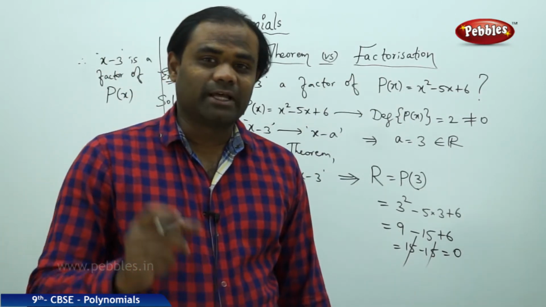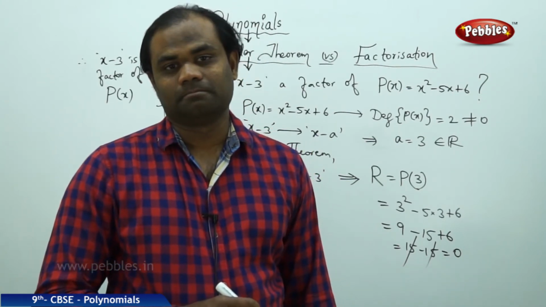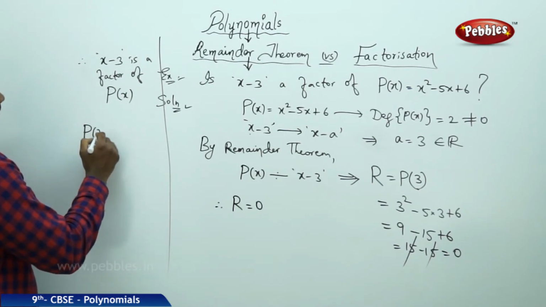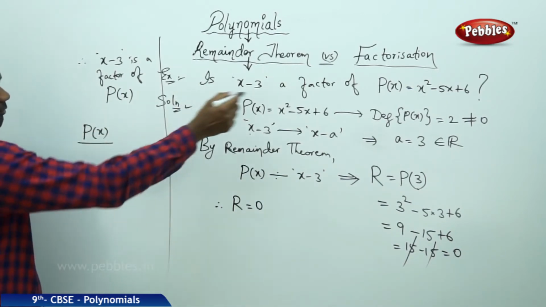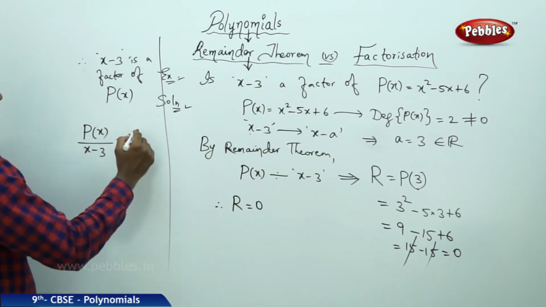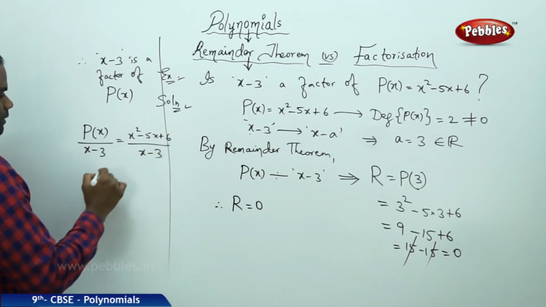Remainder theorem also helps in finding factors and helps in finding the remainder. So let's see what are the factors for this given problem. When I have the polynomial p of x divided by x minus 3, I have p of x, which is x squared minus 5x plus 6, by x minus 3.